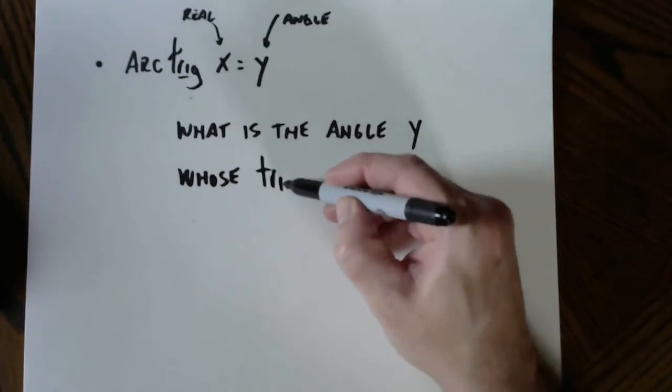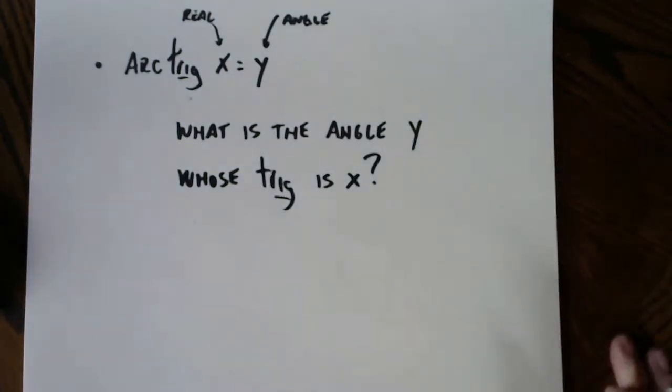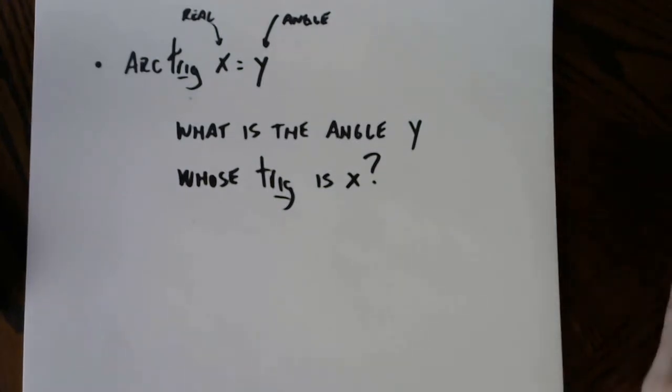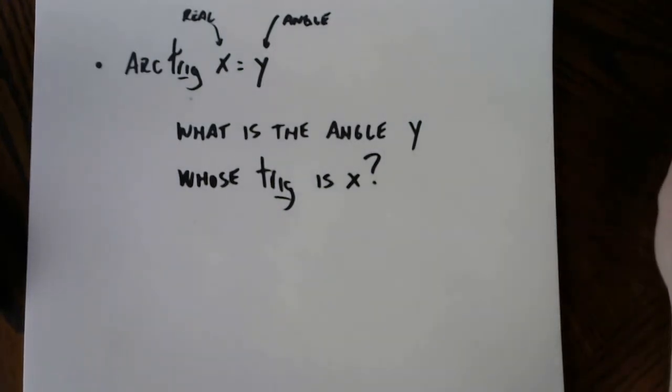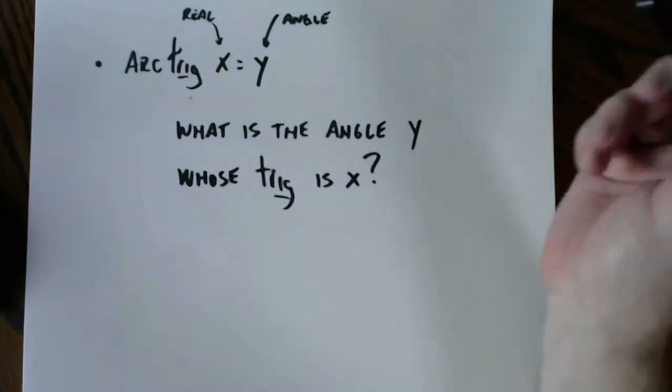Whose sine, cosine, or tangent is x? It's like Jeopardy, that game show where the guys click the thing and talk like idiots. They have the answer, and then it's like, what's the question? That's kind of like how this plays out.